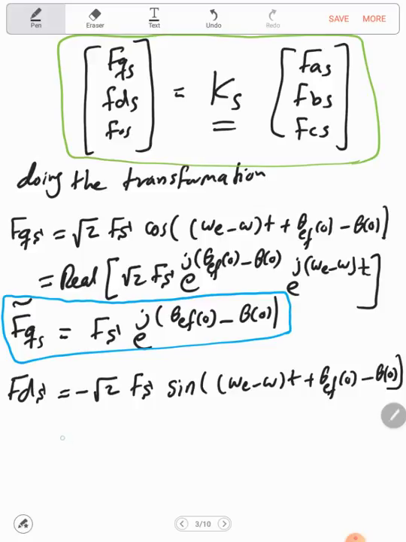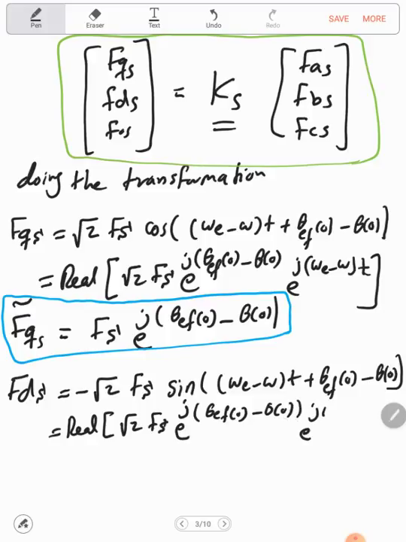So simply this can be written as the real part of square root of 2 Fs exponential of j theta EF of 0 minus theta of 0 multiplied by exponential of j omega E minus omega t, and here we need to multiply by j. Why? Because this is the sine.